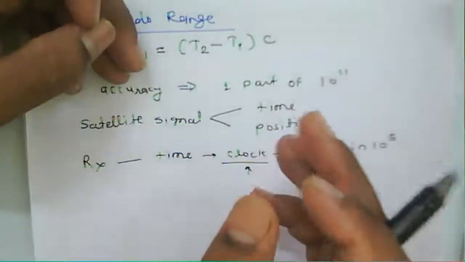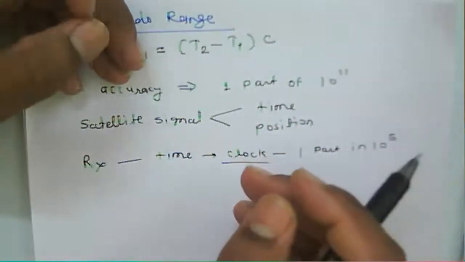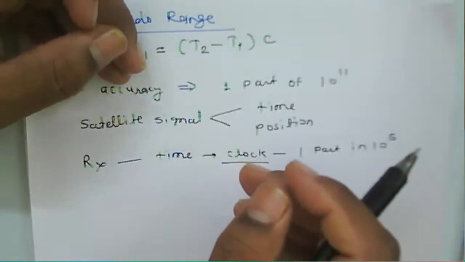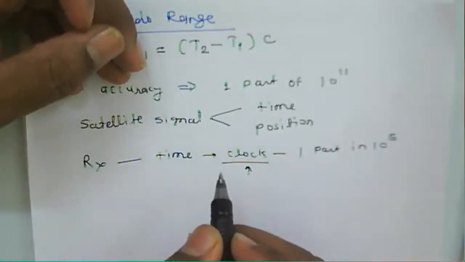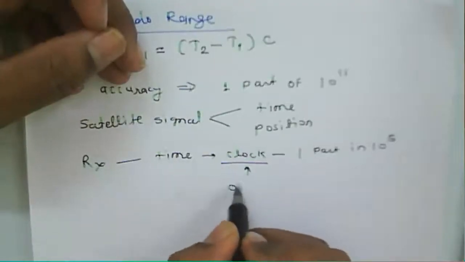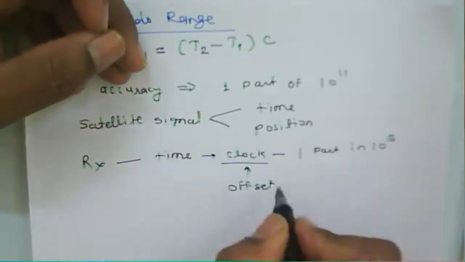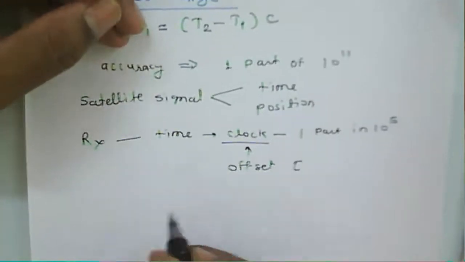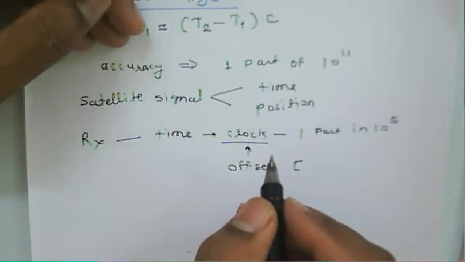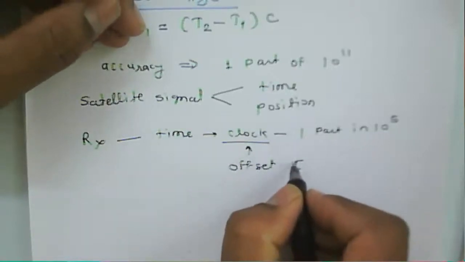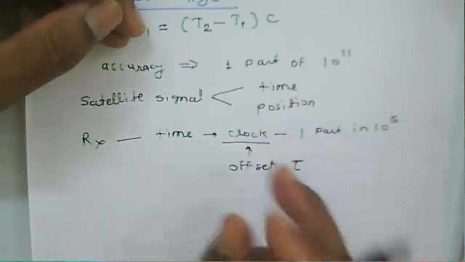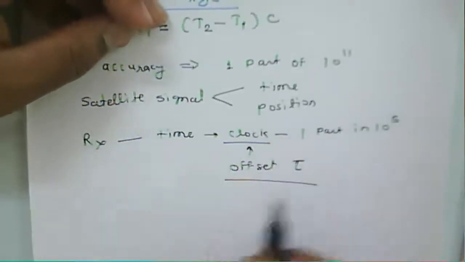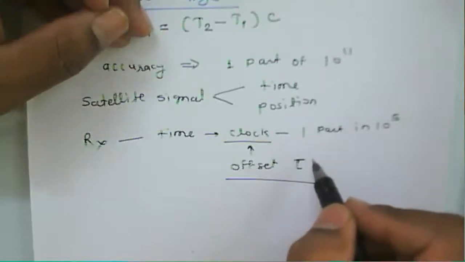If there is an inaccuracy in the clock, then there will be an error, and that error we can call an offset. That offset is expressed in terms of tau, and it is measured with respect to the satellite clock, because that is the inaccuracy.